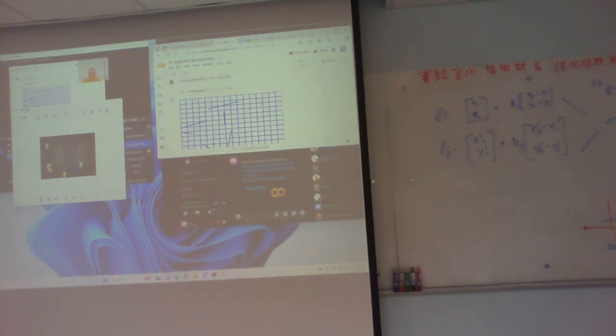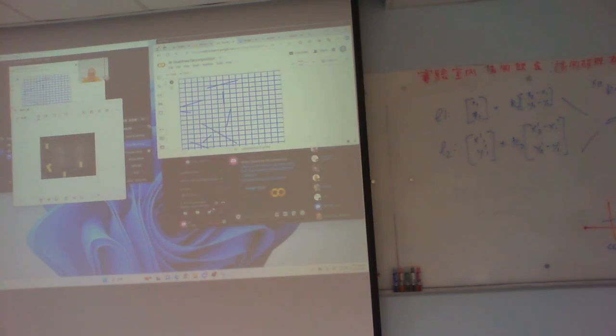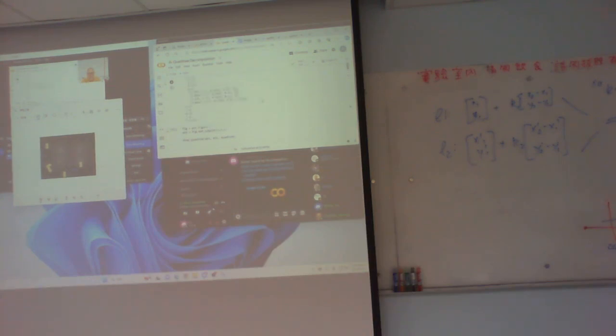Okay, so now we have everything blue and everything subdivided. So that's wrong.